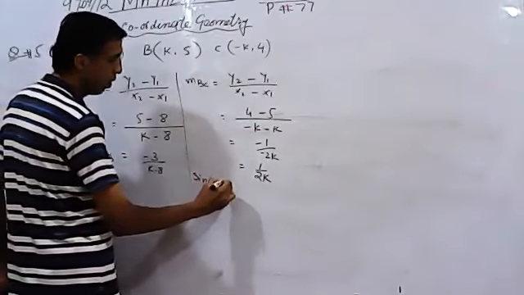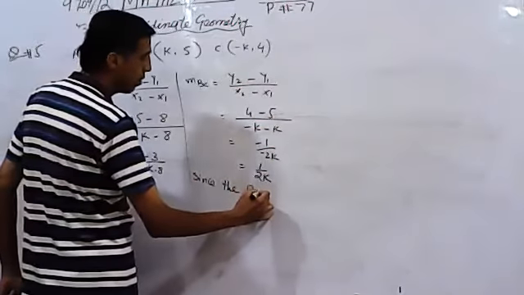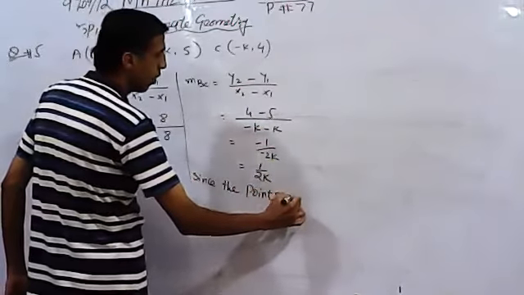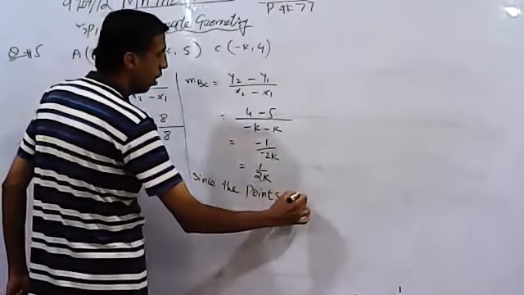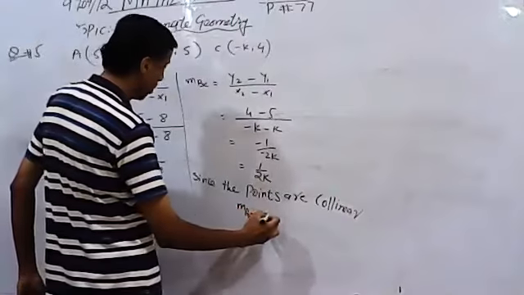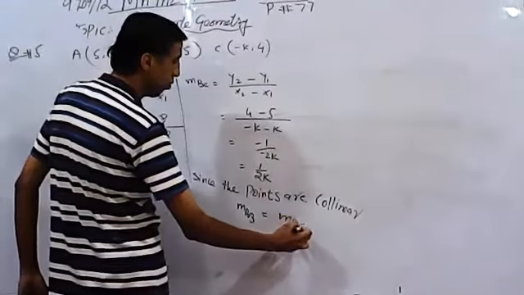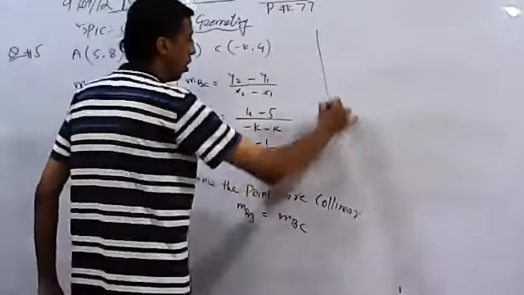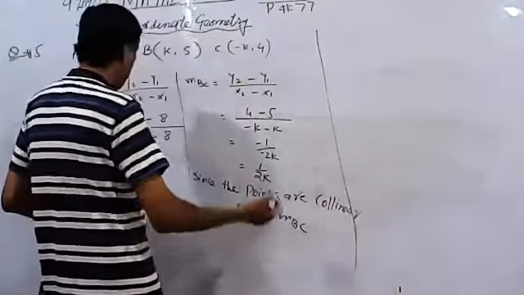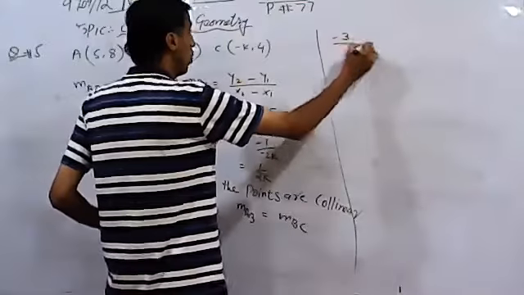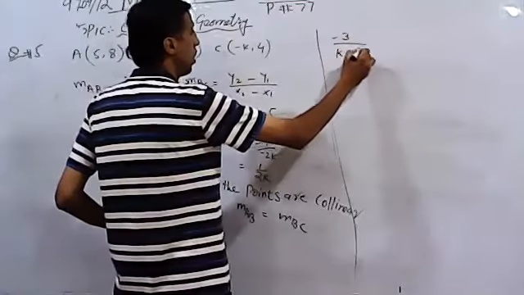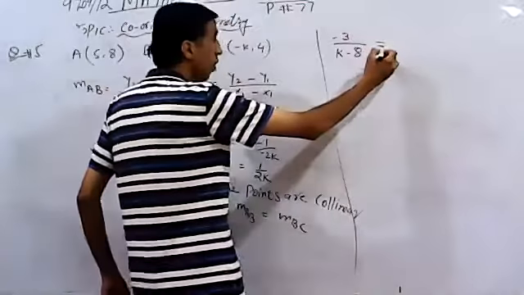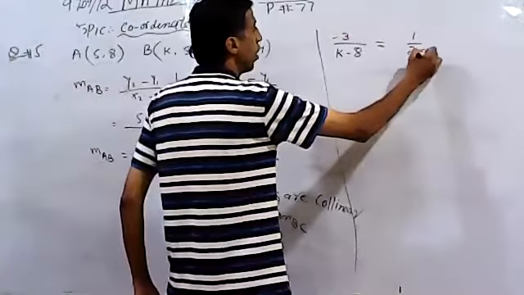Since the points are collinear, gradient of AB equals gradient of BC. Gradient of AB is minus 3 over k minus 8, and BC is 1 over 2k.